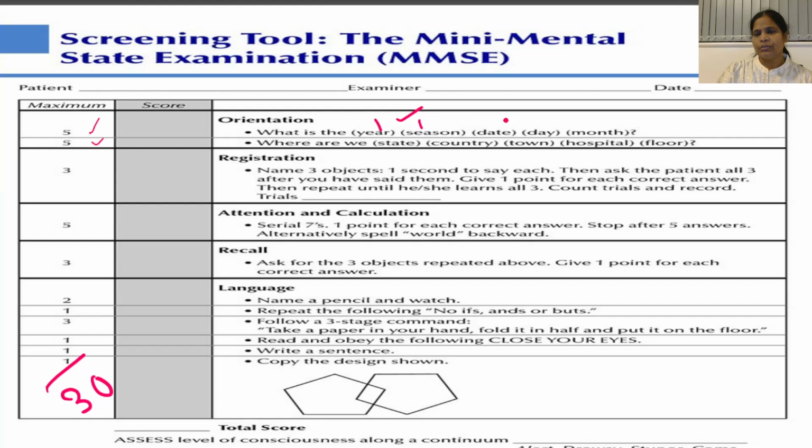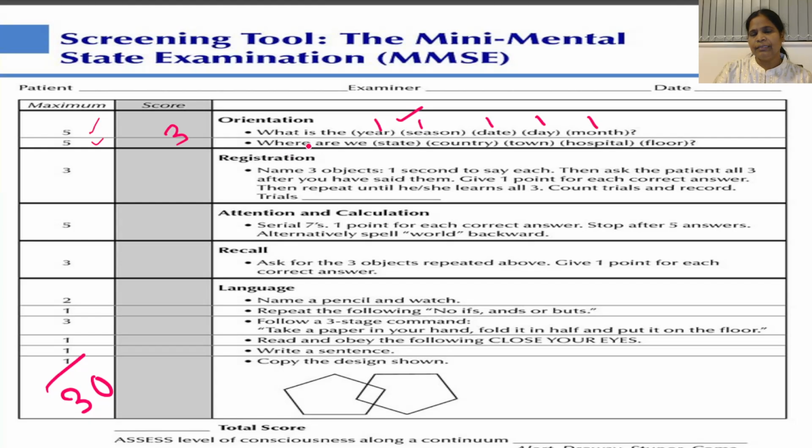We give the score according to how many they are able to answer. If they are able to tell only 3, then our score will be 3 here. If they tell 5 correctly, then it should be 5.